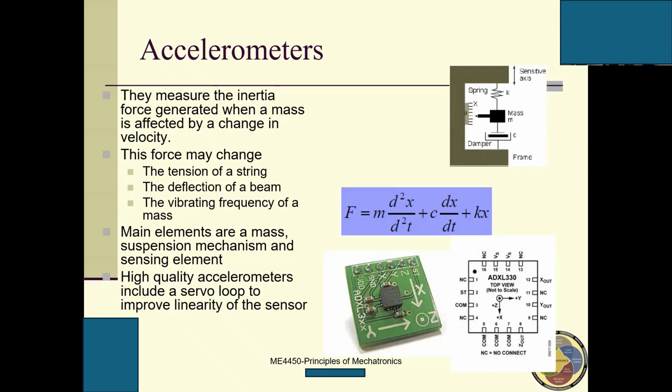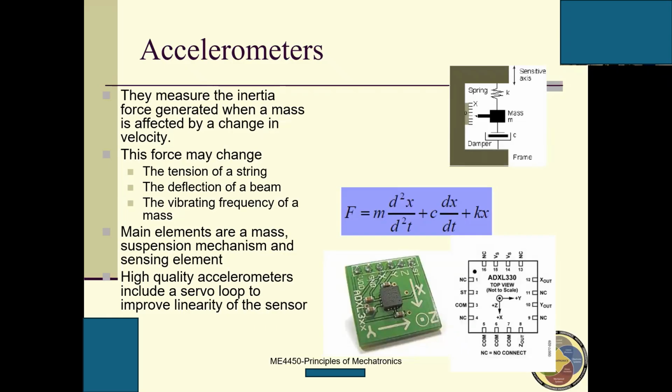This is the total force. Because we know c, k and the deflection, if we measure F we can calculate m multiplied by a. Because m is fixed, we can calculate the acceleration. So this is how it works.